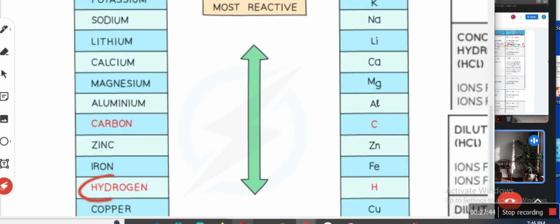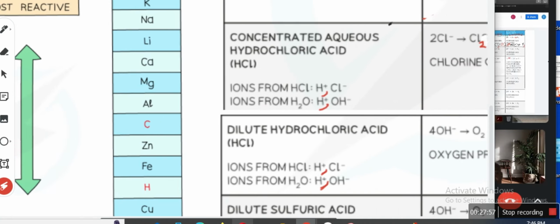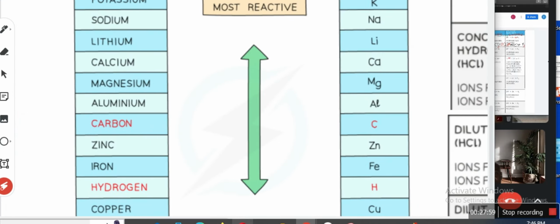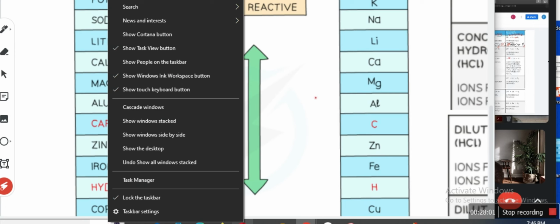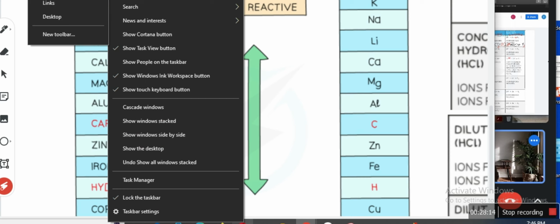That's why hydrogen will be discharged and sodium will be ignored. So one factor is position in the reactivity series. That's one of the factors that determines which one is chosen and which one is ignored.